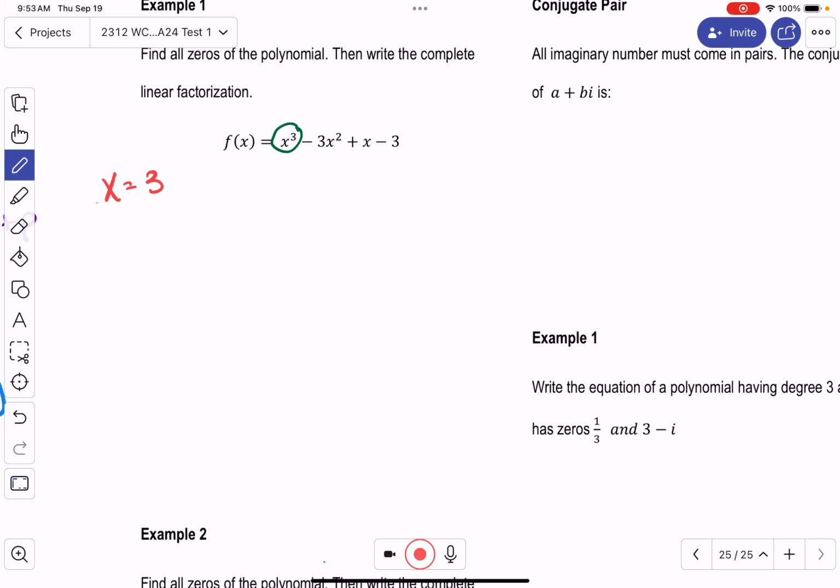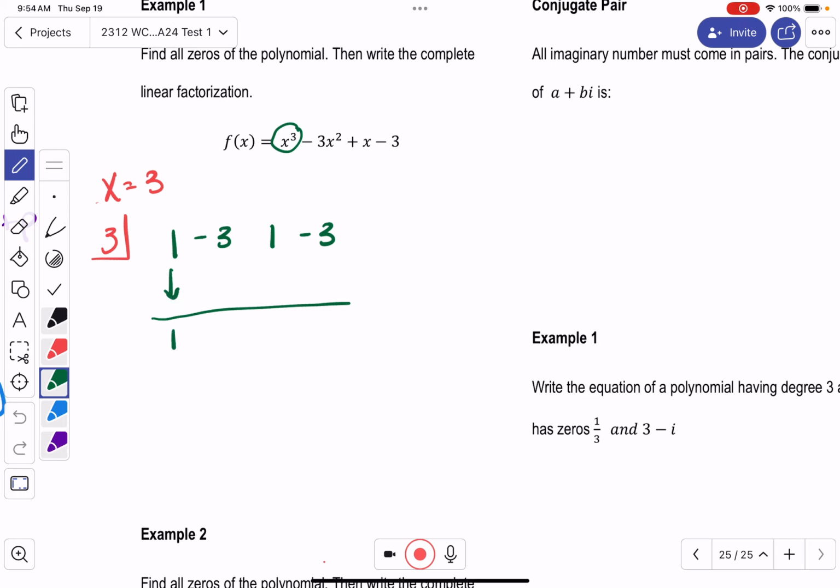Because the graph only crosses the x-axis at that one value, the other 2 are going to have to be imaginary. To find those imaginary solutions, we start with synthetic division. So put 3 here, use the solution, and then go to our coefficients, which are 1, negative 3, 1, negative 3.